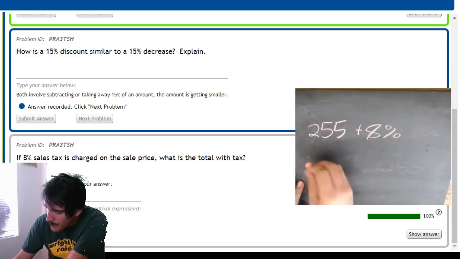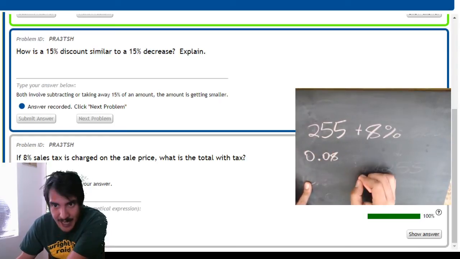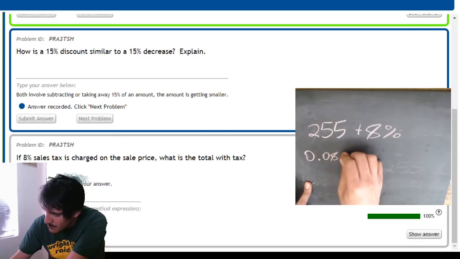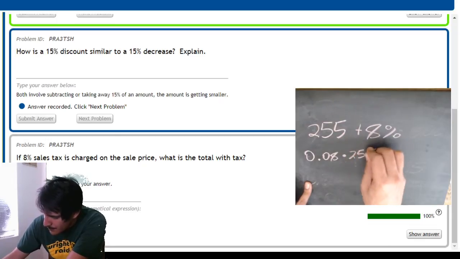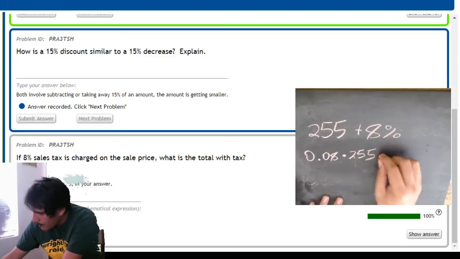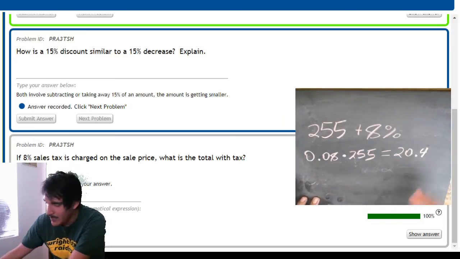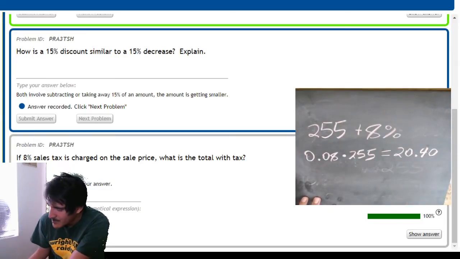Here's the classic way, 0.08 means 8%. So you do 0.08 times 255. Whatever 0.08 times 255 is, that's 20.4. So that means that your extra tax is going to be $20.40.